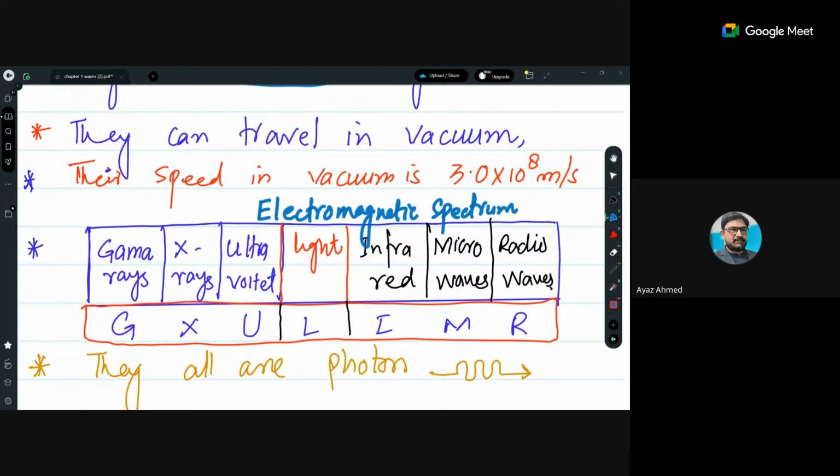Gamma rays have the highest frequency, then X-rays, then ultraviolet, then visible light, then infrared, then microwave, then radio wave. This is the order of your electromagnetic spectrum, or your non-mechanical waves.